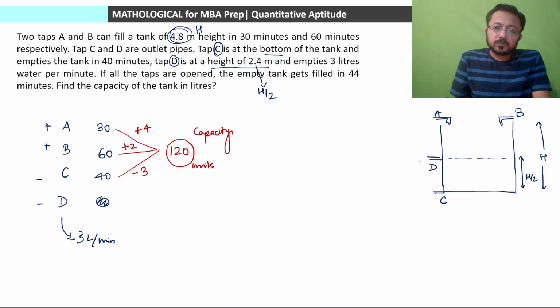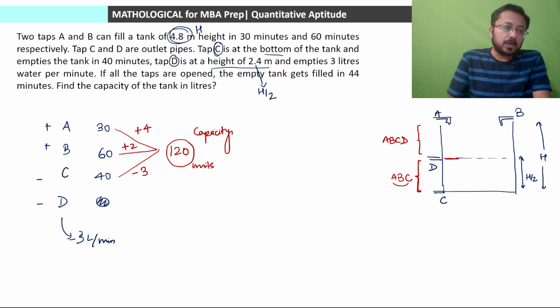Okay, so in this part, when we'll be starting filling the tank, till the height h by 2, A is working, B is working, and C is working, but D is not working. But once we have half the height full, half the work is done, after that, D will also start working. So A, B, C, and D, all four will be working after this much.